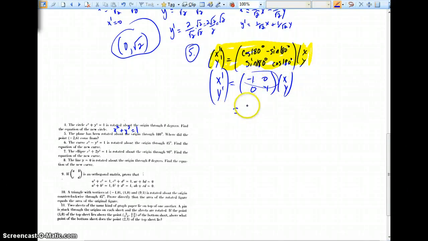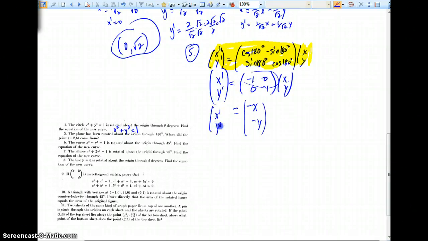-1 times x would be just -x. 0 times y is 0, so we'd add a 0. That's going to be your top row. Your second row, you take row by column, 0 times x plus -1 times y, so we're left very simply with the opposite of y. So very quickly, what are we seeing?